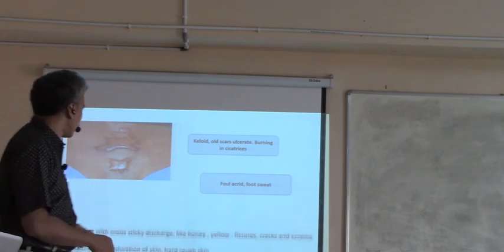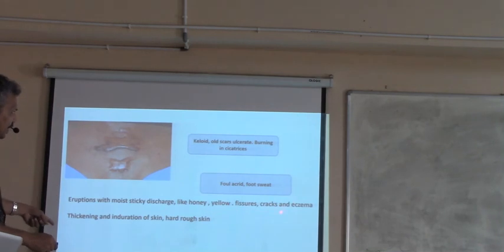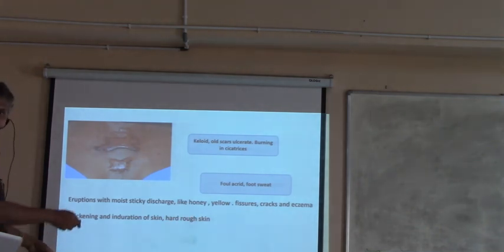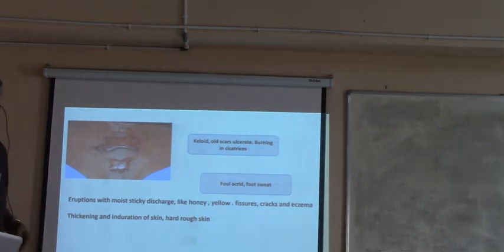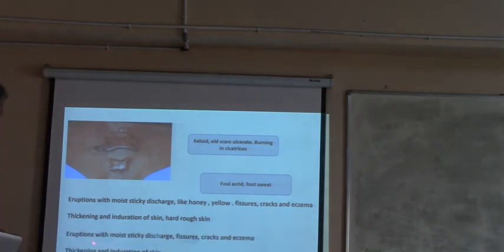And eruptions with moist, sticky discharges like honey, yellow, fissured, cracked, and eczema, thickening and induration of skin, hard, rough skin. This is the explanation you need to remember. And one more thing that I have added here, eruptions with moist, sticky discharge, fissures, cracks and eczema.